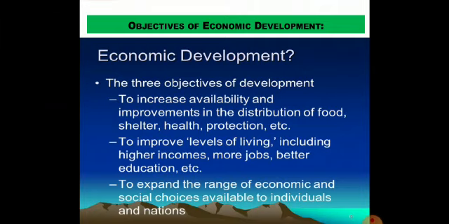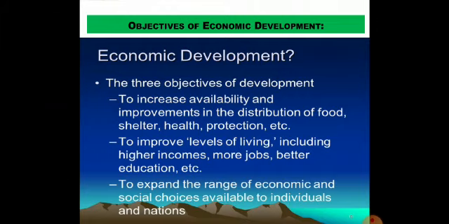Let's have a look at the objectives of economic development. There are three objectives of economic development: to increase availability and improvements in the distribution of food, shelter, health, protection, etc. It means the five basic needs of a human being should be ensured and improved by the country for ensuring development.